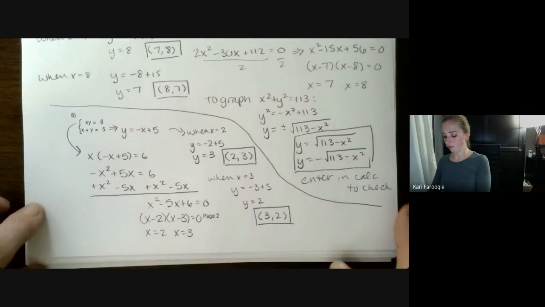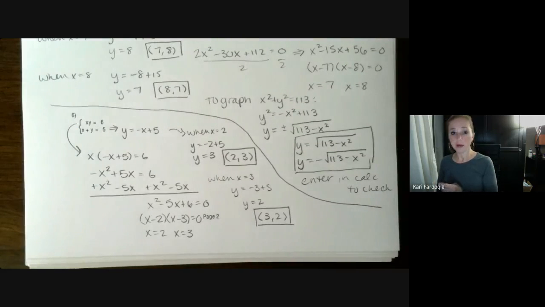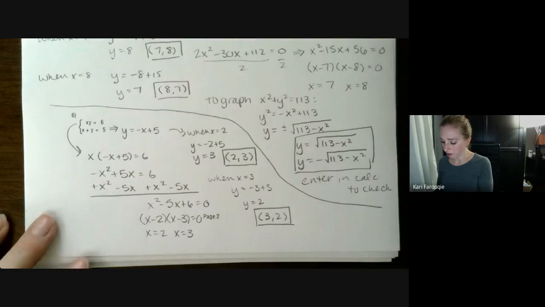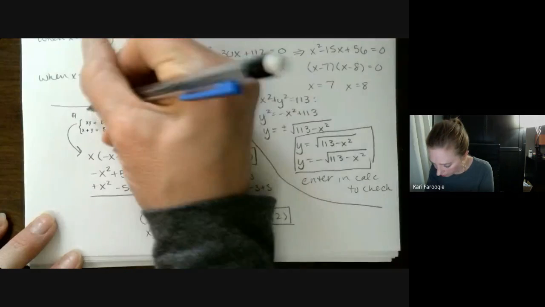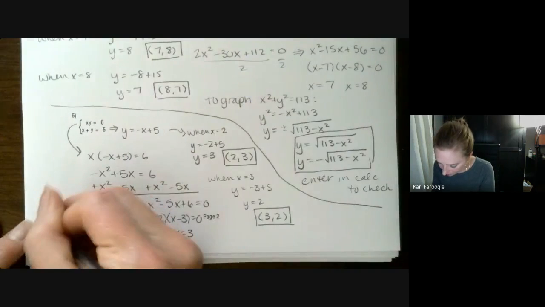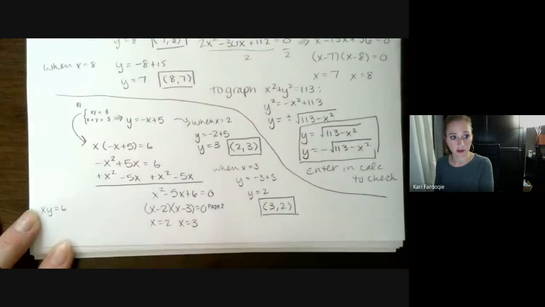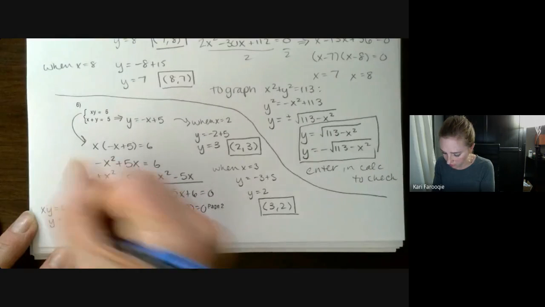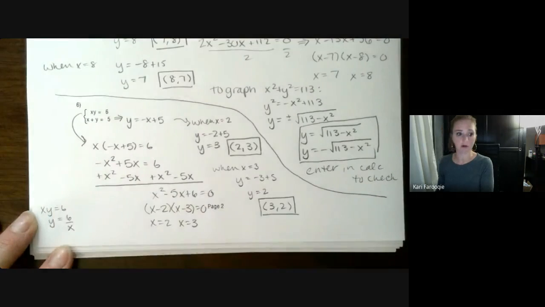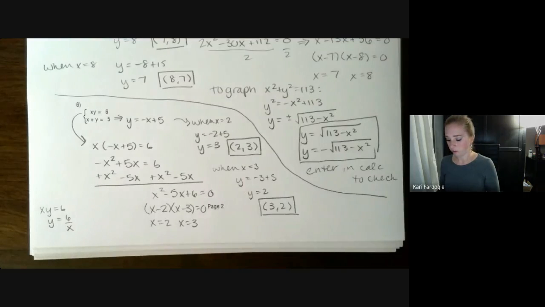It's just a thing. I'm not going to do this one in the calculator, but you can graph this in your graphing calculators. If you wanted to put this in your graphing calculator, you could solve x, y equals 6 for y by dividing out x on both sides. So you would just graph y equals 6 over x.